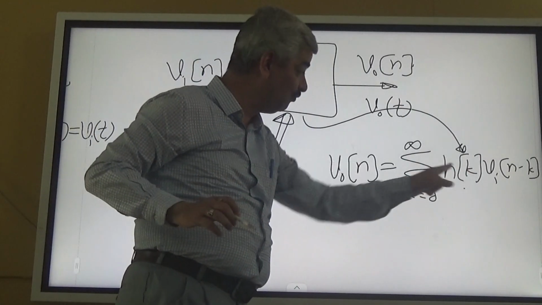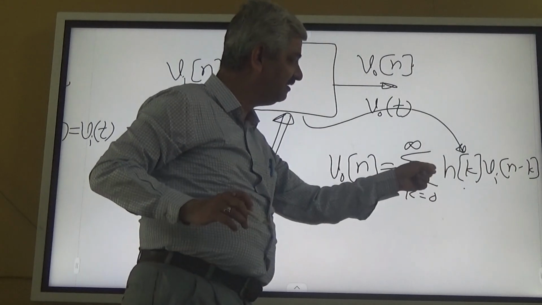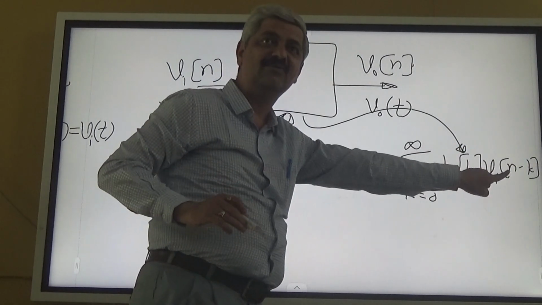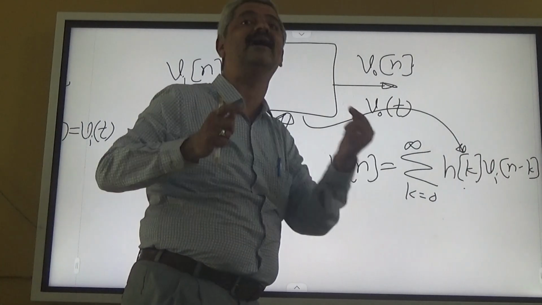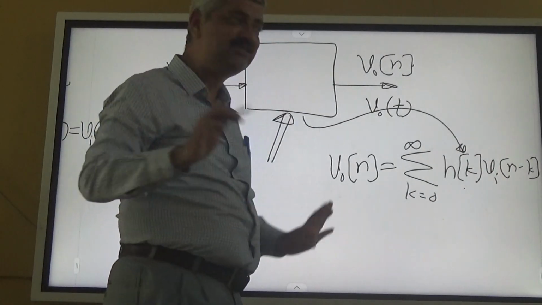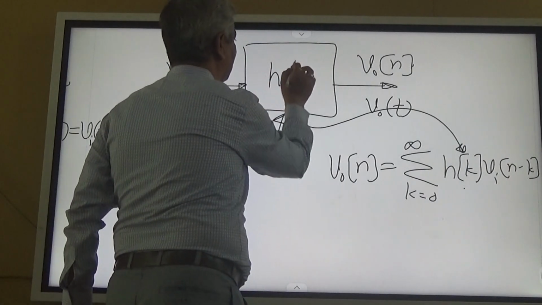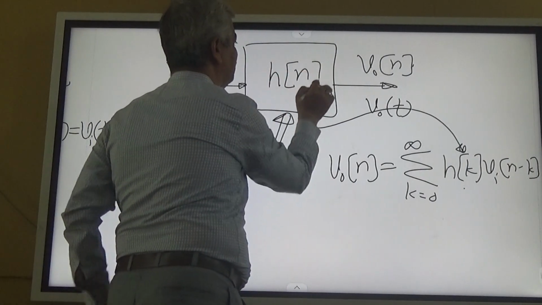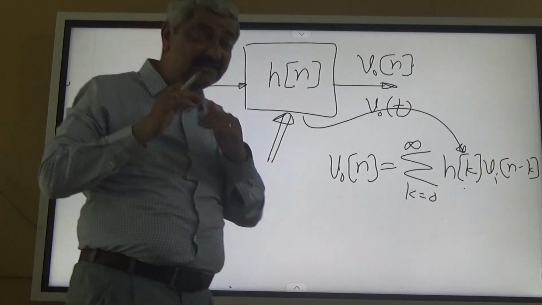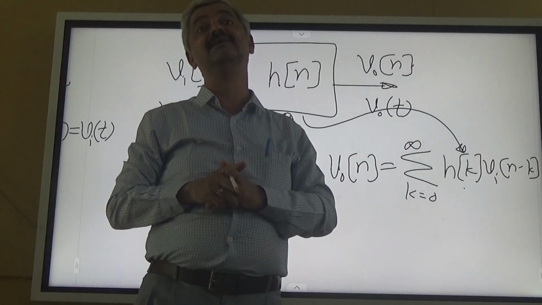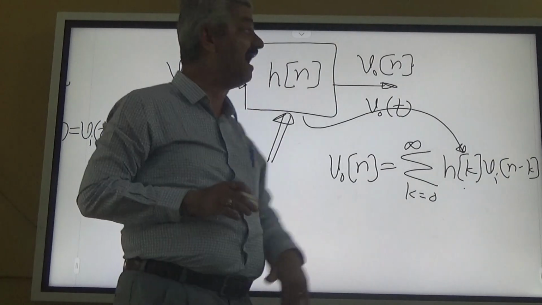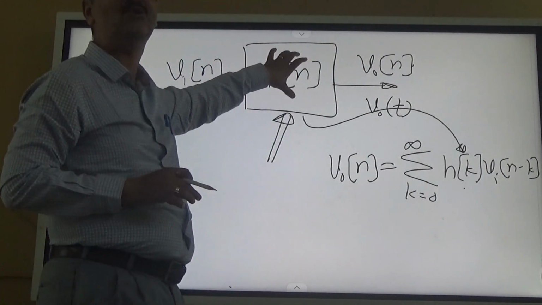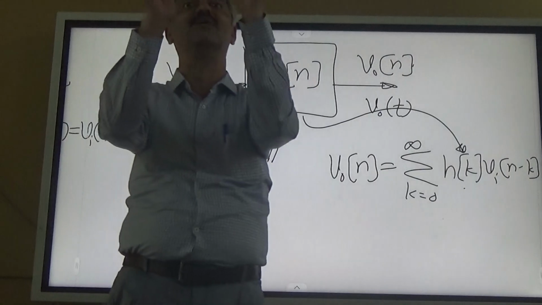So why do I write K? Because at the same time there are two things coming, having different indexes. Therefore I have used K. Otherwise, in general, I can define this as Hn. So ultimately what I want to convey is that the input is a sequence, the output is a sequence, and the system is also defined as a sequence.